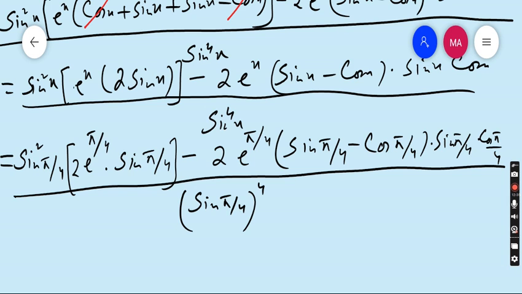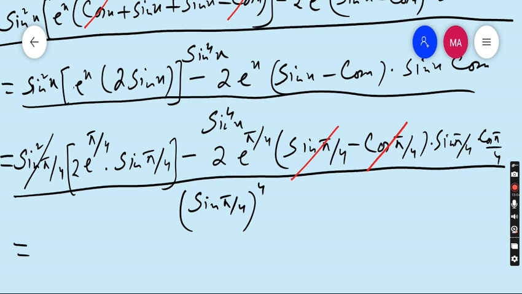Now if you find the value of sin pi by 4 from your calculator, you will get 1 upon root 2, and if you find cos pi by 4 from your calculator, you will again get 1 upon root 2. So you can cancel this by this because both values are the same. So what is remaining?